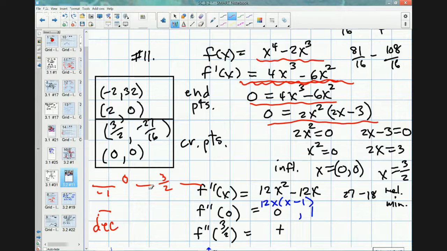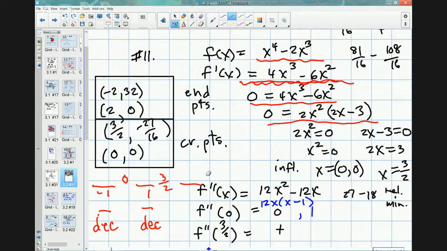Okay, let's pick something between 0 and 3/2, like how about +1? What's f prime at +1? Now we would get 4 minus 6, which is -2, so that's decreasing again.